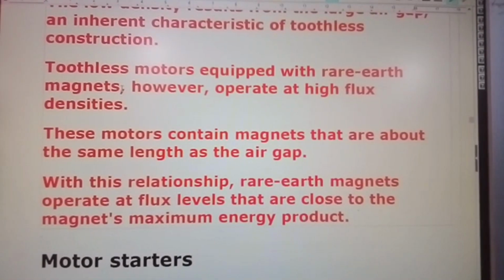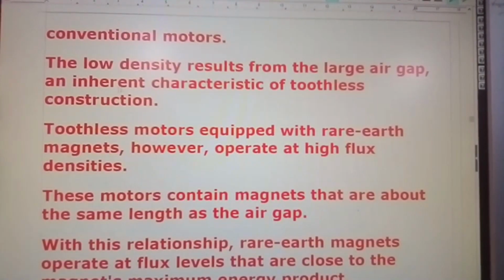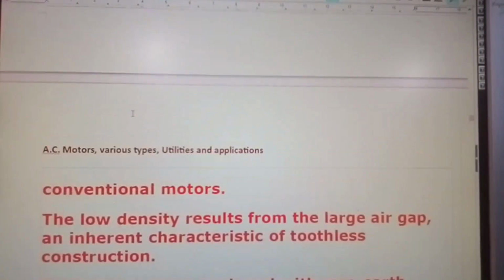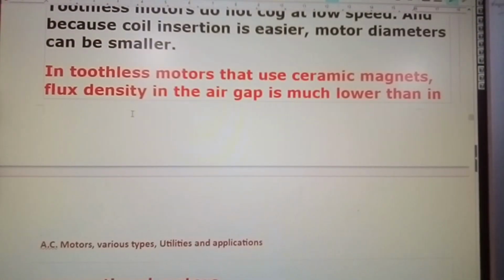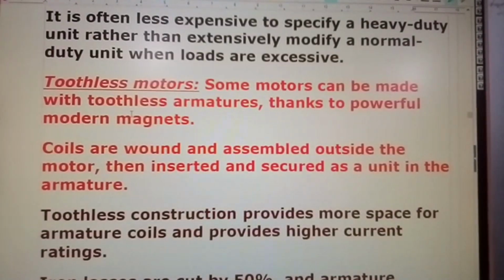Okay, so back to motor starters. Just want to make sure that I got everything in and it wasn't out of frame, out of shot.